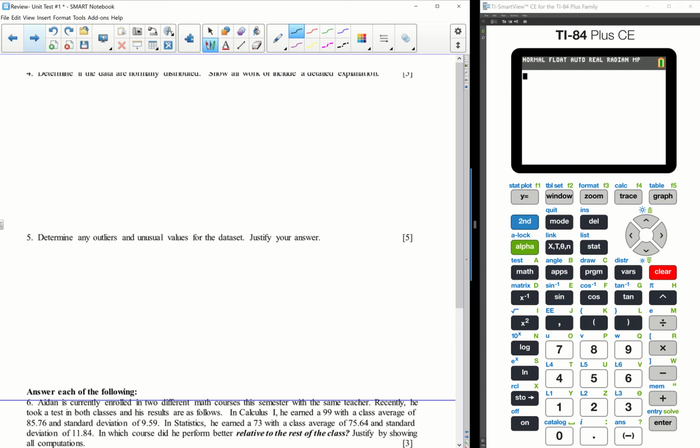Normal distribution. Determine if the data are normally distributed. Show all work or include a detailed explanation. The detailed explanation doesn't actually have to be overly detailed, just somewhat detailed. Just explain. The recommendation here is that you would use the normal probability plot.